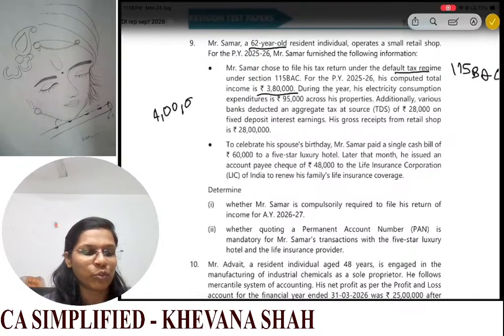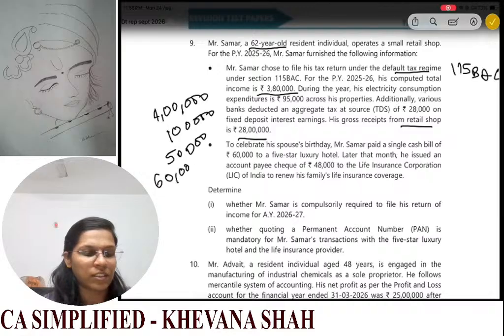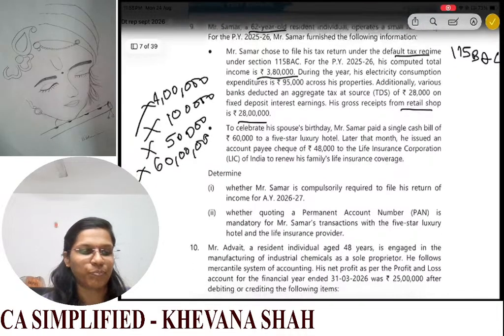Basic exemption limit 4 lakh. Electricity consumption threshold limit 1 lakh. Then TDS threshold limit 50,000. And for gross receipts threshold limit 60 lakhs. None of these limits are crossed. So no mandatory requirement to file the return.